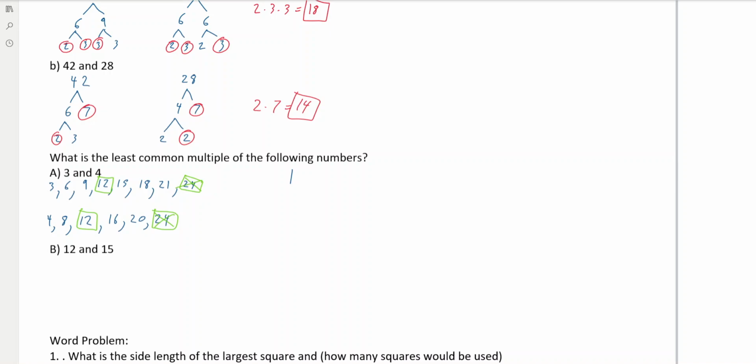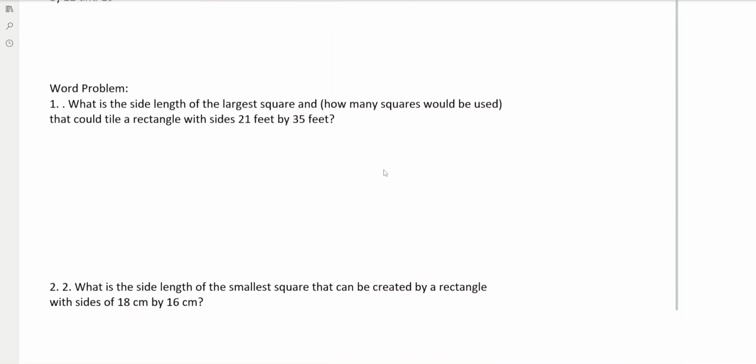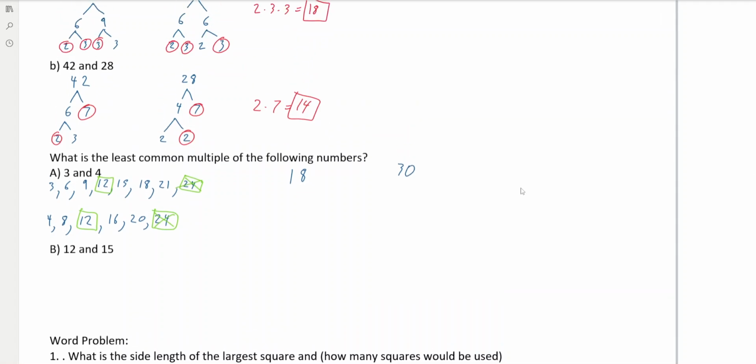Let's do 20 and 30, even though skip counting could work very nicely. No, let's do a more ugly one. Let's do 18 and 30. Okay, I've decided. Okay, 18 and 30.